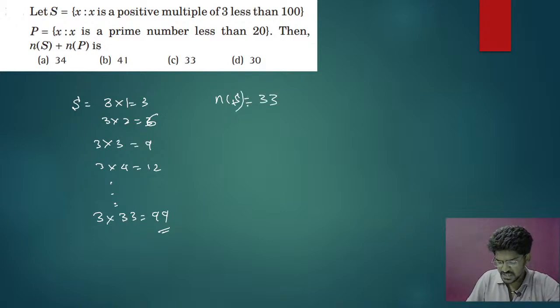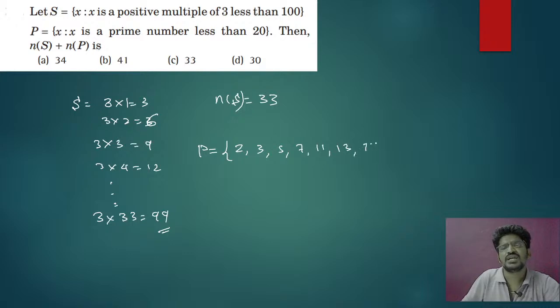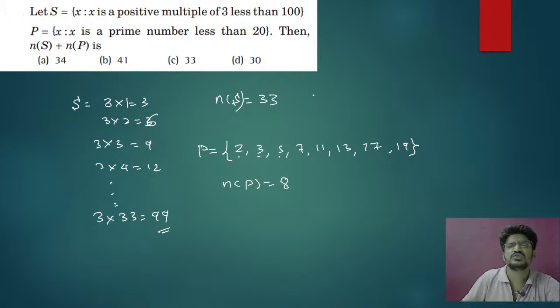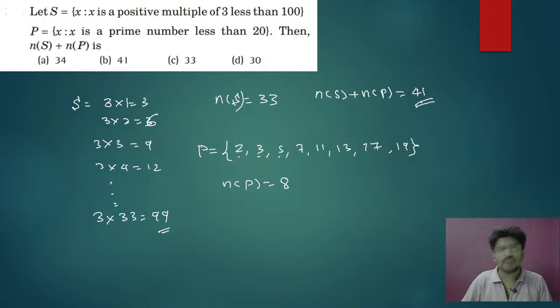The elements in P, prime numbers lesser than 20: 2, 3, 5, 7, 11, 13, 17, 19. How many? 1, 2, 3, 4, 5, 6, 7, 8. So N of P is equal to 8. Therefore N of S plus N of P is equal to 41.